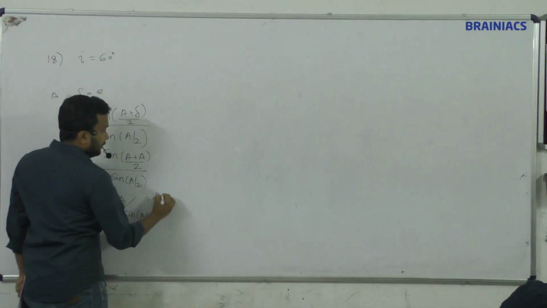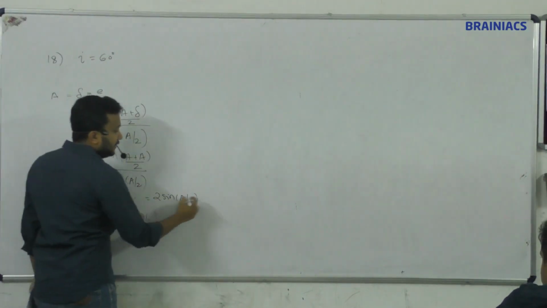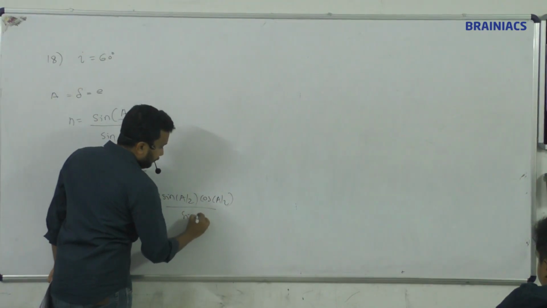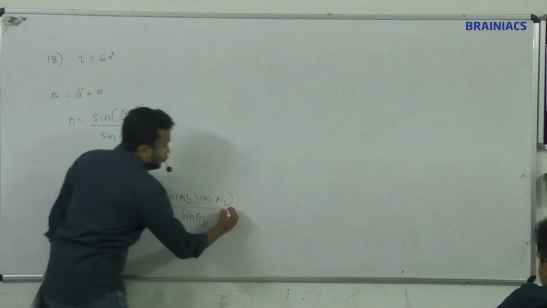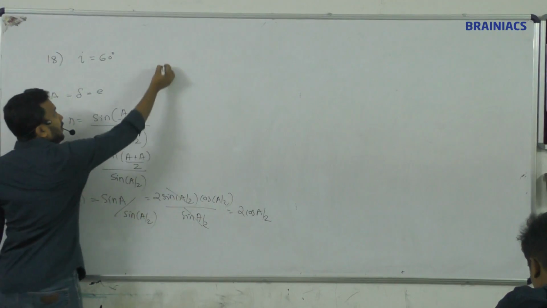This will not give an answer, right? This can be written as 2 sine A by 2 cos A by 2 divided by sine of A by 2, so 2 cos A by 2, but that is not there in the options. Okay, so what else can we use?